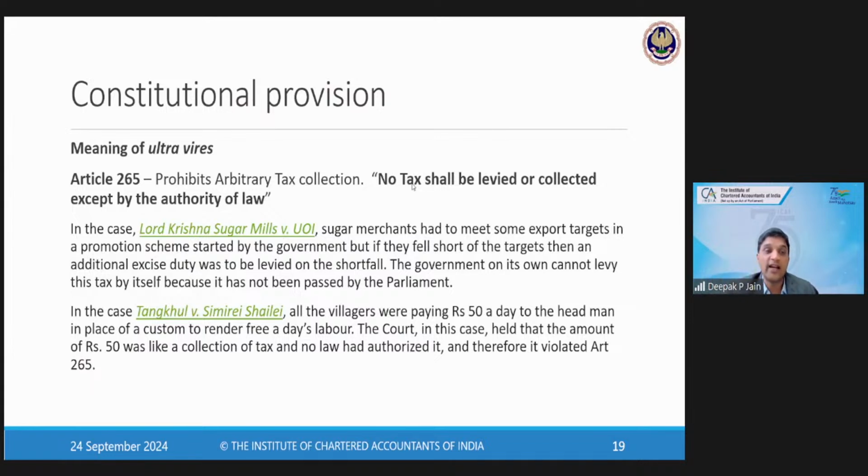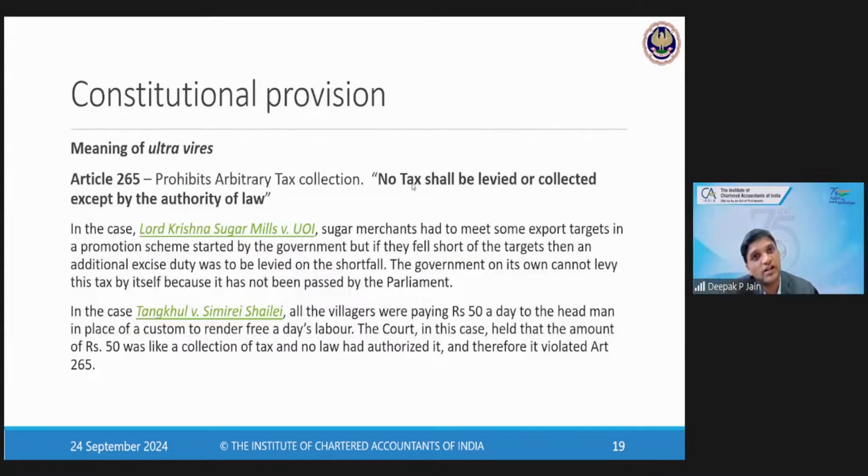Now this was challenged, this tax was levied. Then Lord Krishna Sugar Mills went to the High Court and said that what you are collecting is incorrect. Then that matter again went to the Supreme Court. The Supreme Court decided that the government on its own account cannot levy the tax by itself, because there was no law to collect additional excise duty.